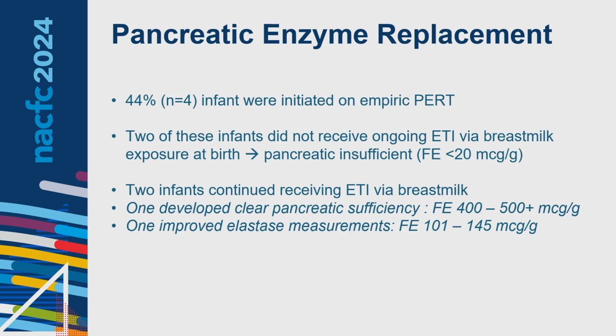But 2 of the infants continued to receive ETI through breast milk. 1 developed clear pancreatic sufficiency with fecal elastases above 400, and so was able to stop PERT. And 1 is continuing to have increasing levels of fecal elastase in the range of 100 to 150. And so that infant is continuing to be monitored as to whether perhaps their need for PERT is resolving.